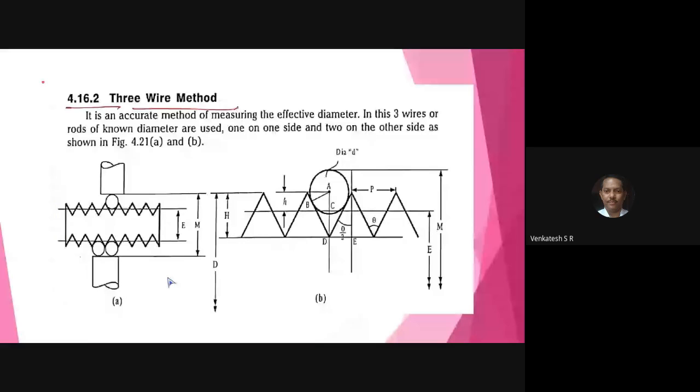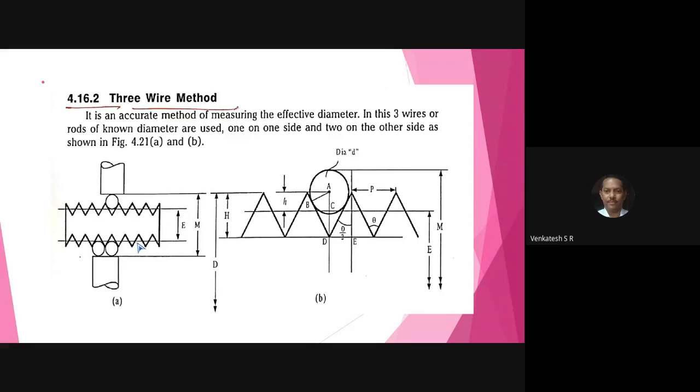Then in the three wire method, two anvils are available. All of you have seen the micrometer. You can fix the two wires on the stationary side or movable side of the micrometer, and the other one, maybe single or two wires, on the other side. Then fix the thread component in the vise and fix the micrometer along with the three wires and turn the thimble so that the two wires on one side and the single wire diametrically opposite can be accommodated on the profile of the thread.